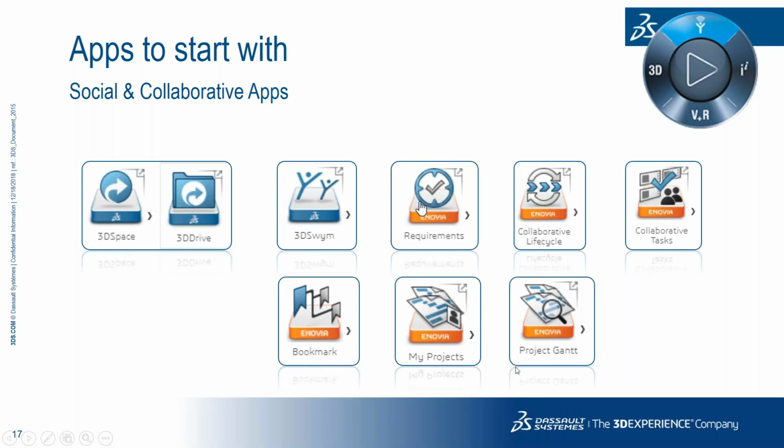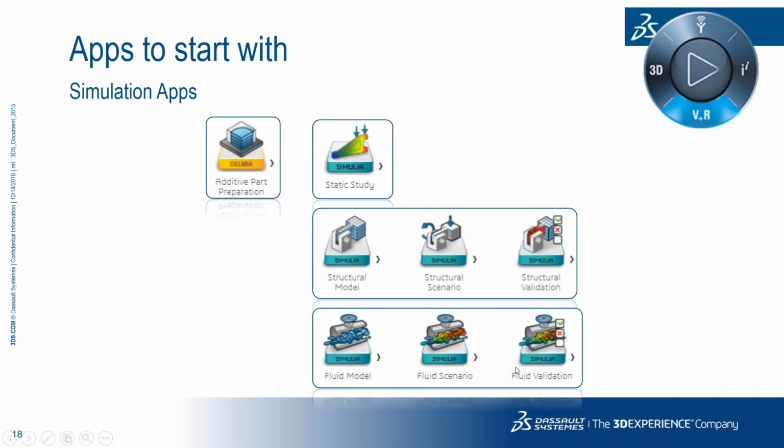My project and Project Gantt, I talked about them a little bit earlier. In VR, so right now, I didn't put a lot on the manufacturing side, so I only put additive part preparation. The only thing I think you may need at this point is a static study for FEA simulation.